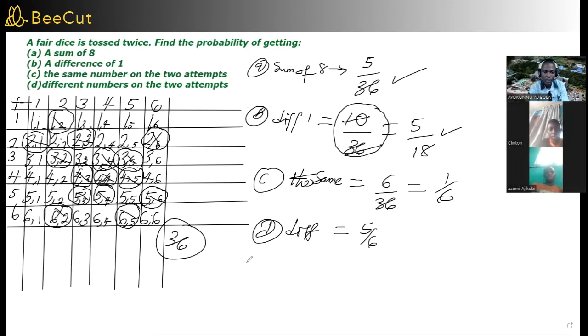Once a probability is certain, it is no more probability. Any probability that the answer is 1 is certainty. So when we toss 2 dice once, it's either we get different numbers or the same.